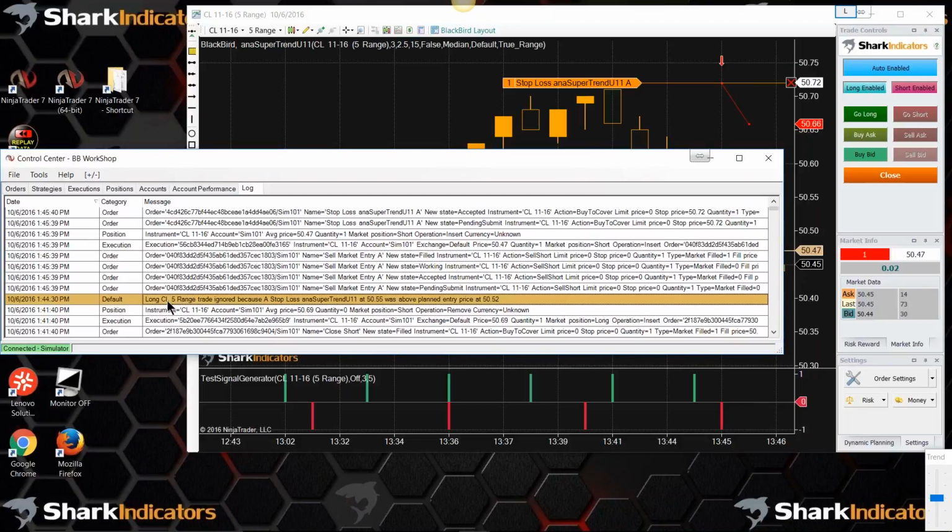BlackBird will give you these messages if a trade is ignored or, for some reason, invalid. Or say if your money management rules kick in and turn off trading for the day, you'll get messages in the log tab telling you that a trade was ignored, and then it'll tell you why it was ignored.